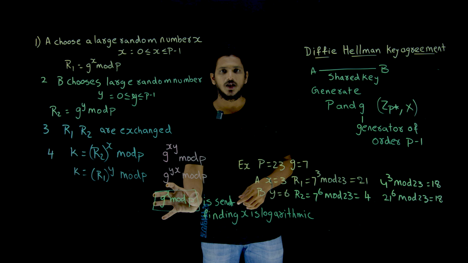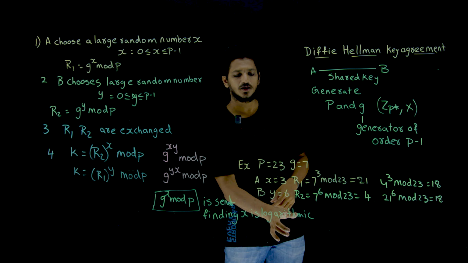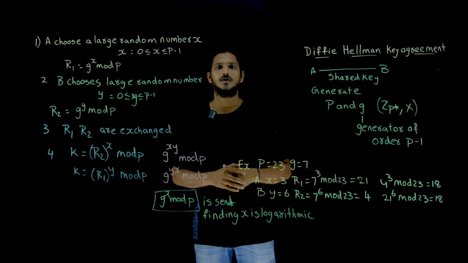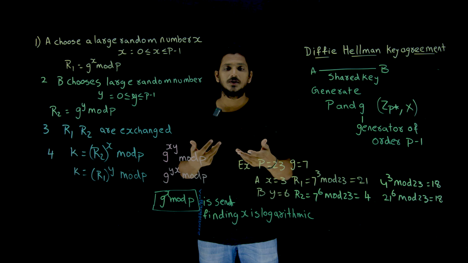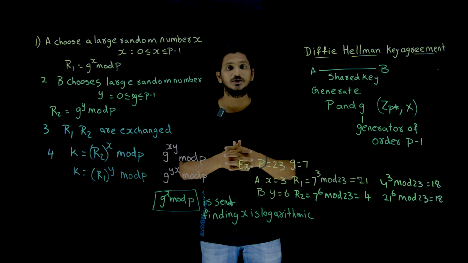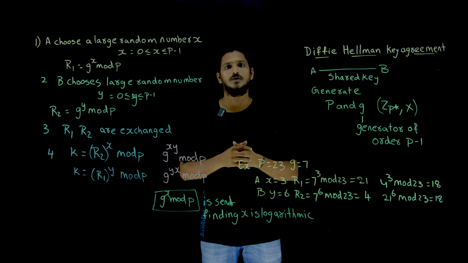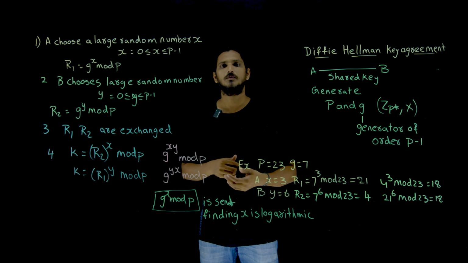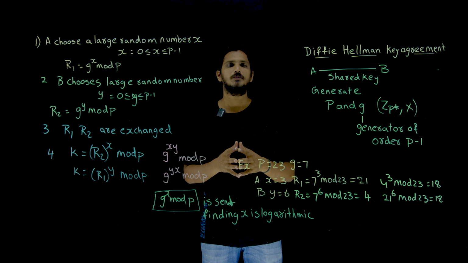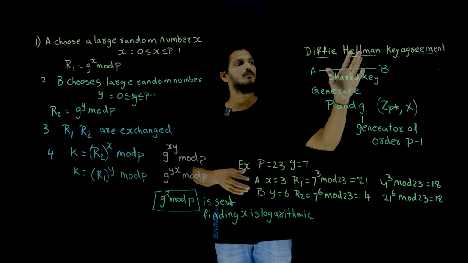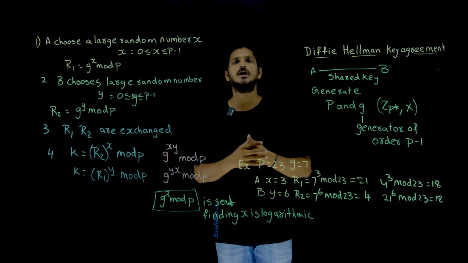Finding X from this value is a logarithmic problem. In our last classes, we discussed that the logarithmic problem is an exponential problem, which cannot be solved in seconds. It will take years to solve. That's why key exchange can happen between A and B using the Diffie-Hellman key agreement algorithm without being known to any other persons over the internet.